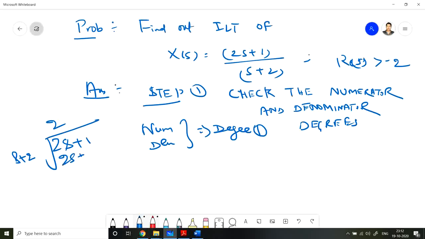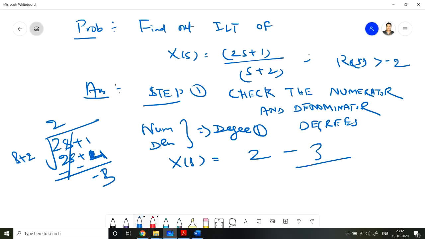It is 2s plus 2, so this is minus 1. So this X(s) is written as 2 minus, there is 2s plus 4. There is a mistake here. It is 2s plus 4. So it is minus 3.